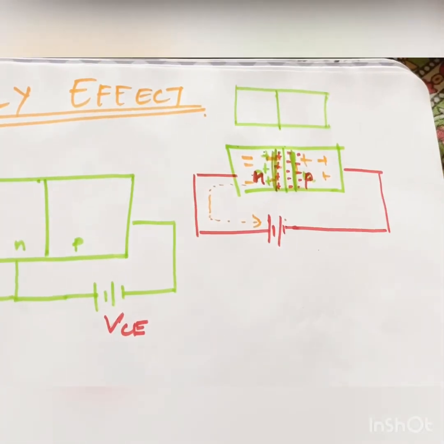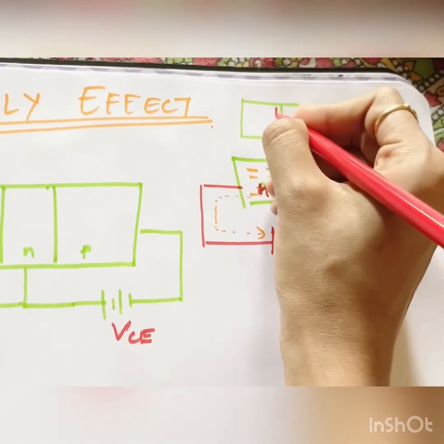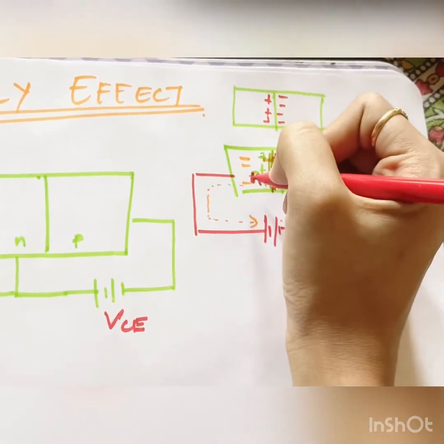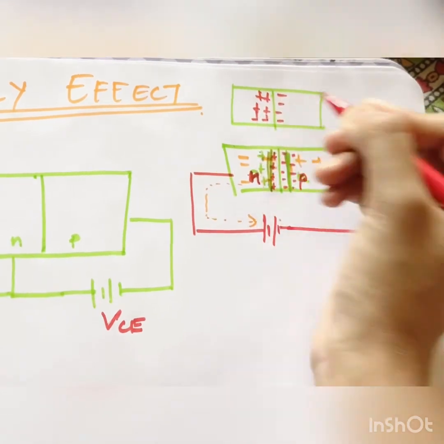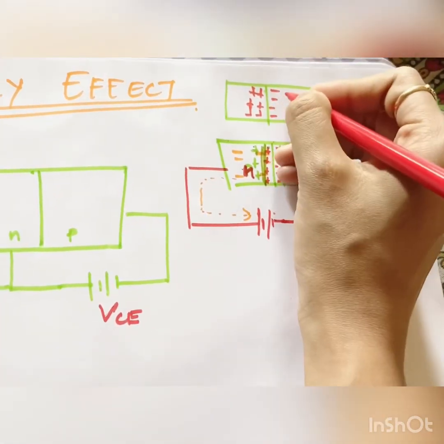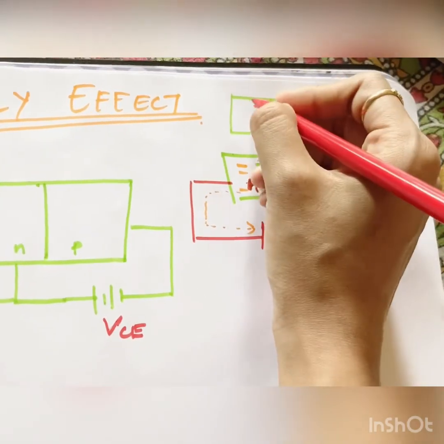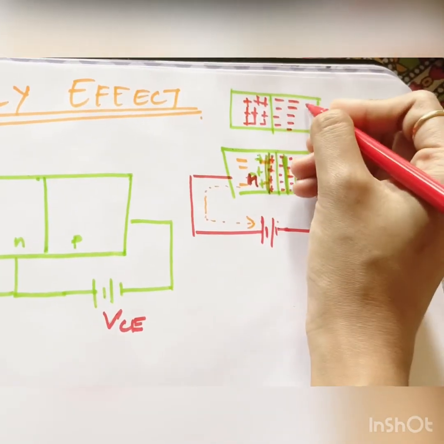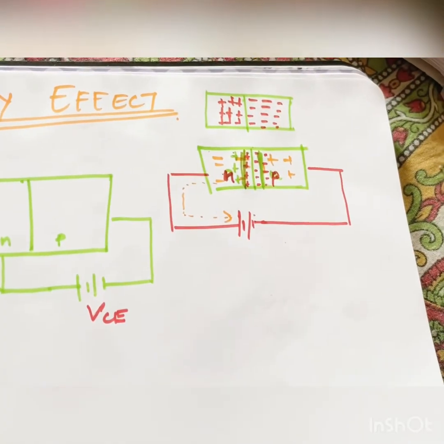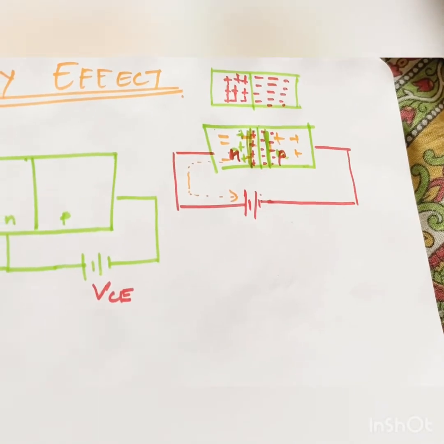More charge accumulates, so the depletion region widens. This is the case in a PN junction under reverse bias.